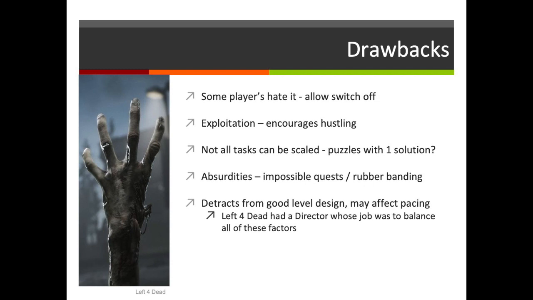You also have to be a little bit careful about your system to make sure it doesn't lead to absurdities. So there might be quests that are impossible to fulfill, or something called rubber banding, which is when something is scaled so much that it becomes ridiculous. So kind of, very minor creatures, but you've just killed so many of them that now they are one of the most powerful godlike creatures in the game, and are almost impossible to kill.